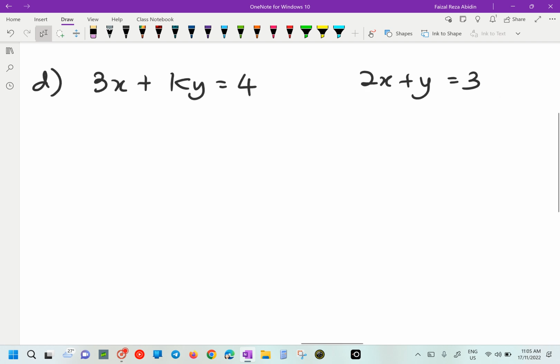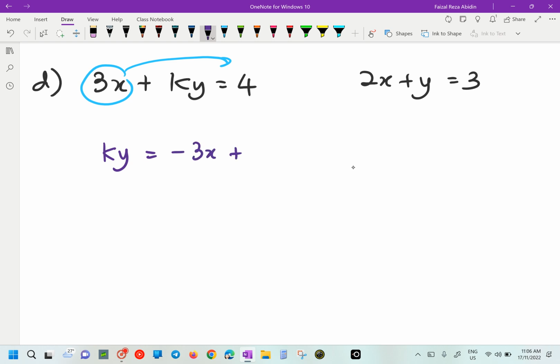Okay, so what must I do first over here? We need to bring the 3x. Okay, you have to find the gradient. So we bring our 3x to the right side. So your friend said we are going to find our gradient. So we have over here ky equals negative 3x plus 4, isn't it?